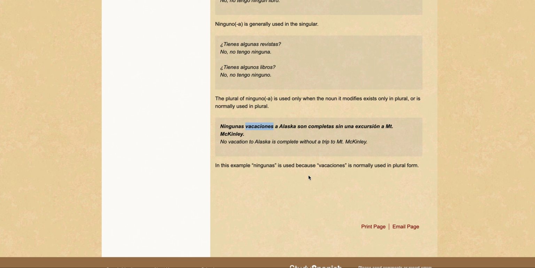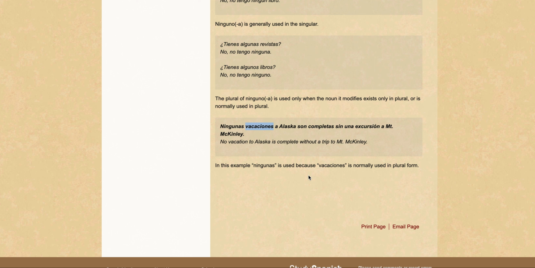You don't necessarily find that noun in the singular form. So that is when we use the plural form of ninguno. For masculine, ninguno is ningunos, and for feminine, it is ningunas, right?